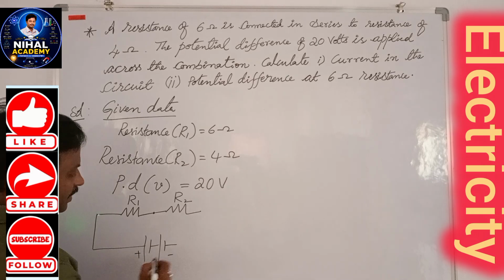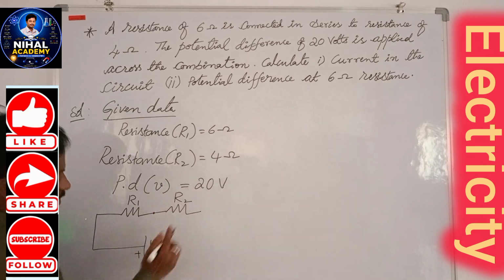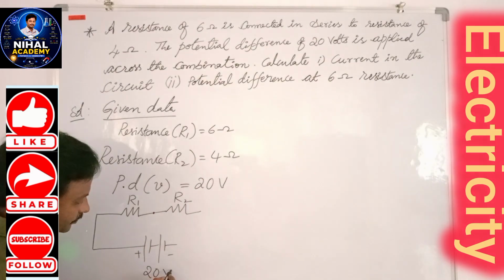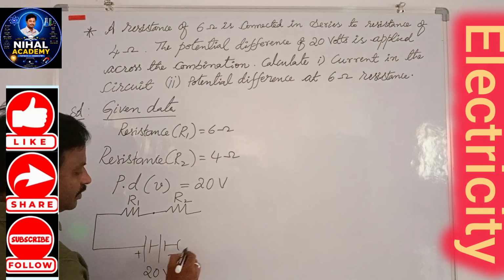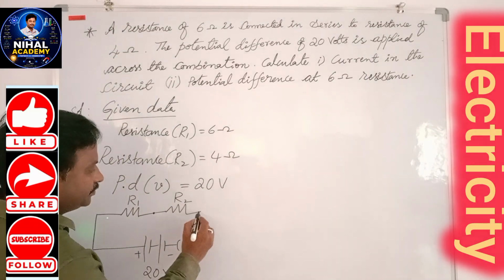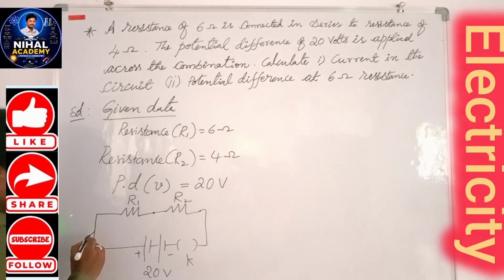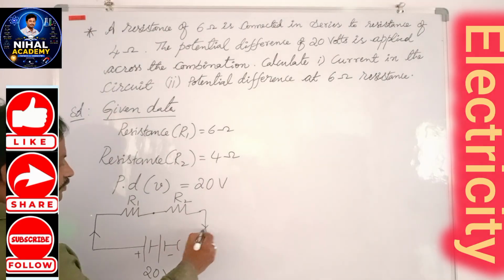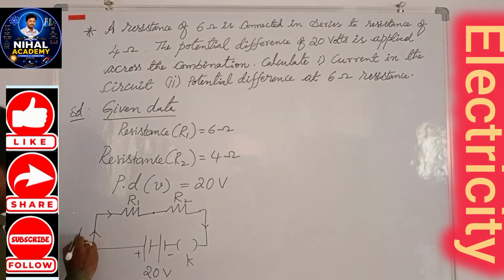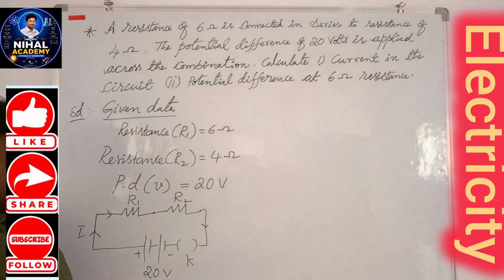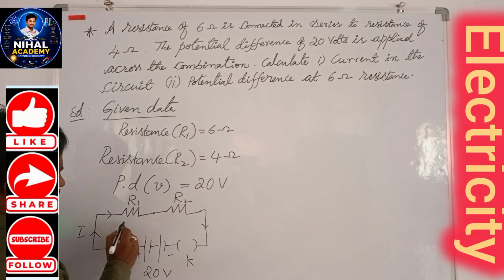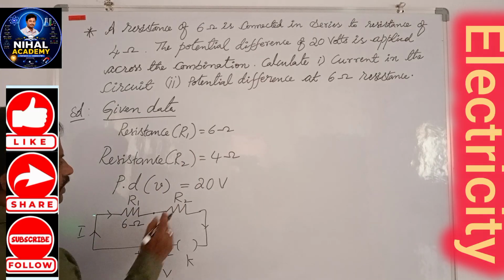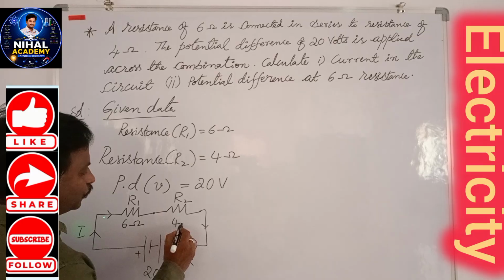This is plus and minus, and the potential difference is 20 volt, and it is connected to the plug key. Now this is the current direction. Current is I. So R1 is given 6 ohm and R2 is given 4 ohm.